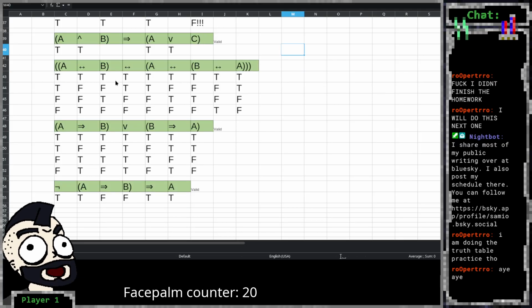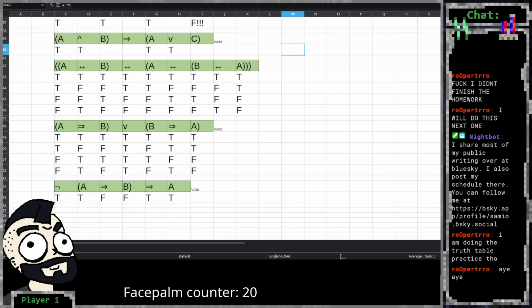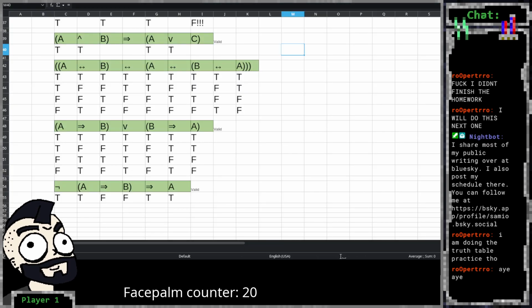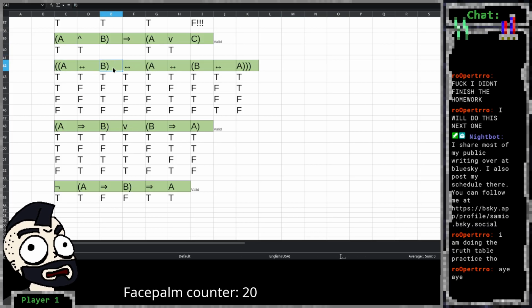Okay, and in this exercise from 1.5, let me check. It is H, the one with the V conditionals. So A implies B is equivalent to A if and only if... No, this is not A implies B, I'm sorry.